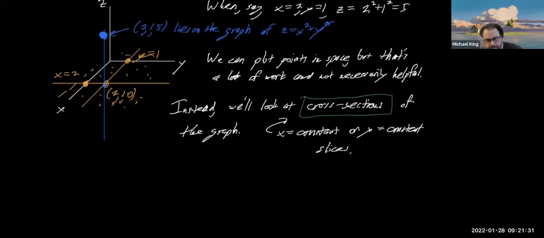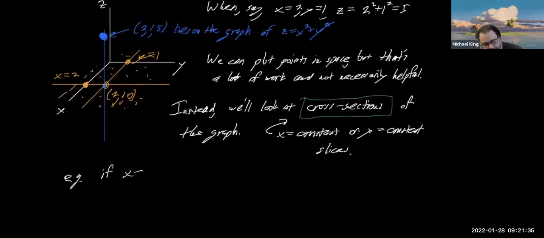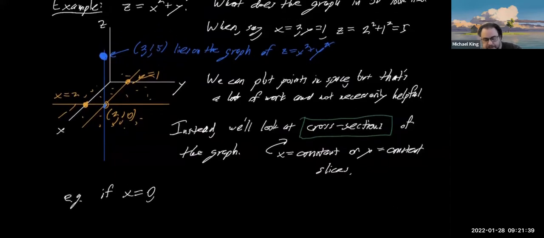So for example, if x equals 0, think about what that means in this picture. It means that we're in the YZ plane. When x is 0, we're living in this thing right here.